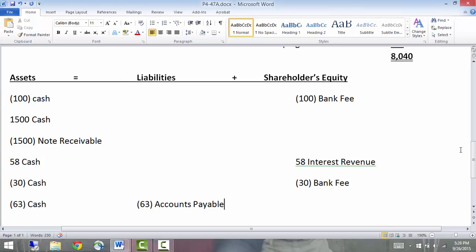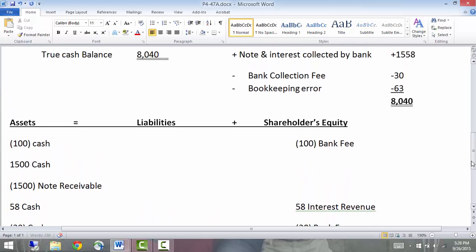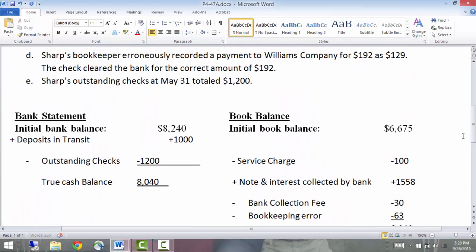So that should be all correct now. Now, when you have a bookkeeping error, it may not always be an accounts payable adjustment. You would just have to read the fact scenario and see what would fit the situation. For instance, here we paid another company, so it's most likely an accounts payable. But what if the scenario had told us that we had written a check for $192 to pay for office supplies, and we immediately used all of those office supplies immediately.